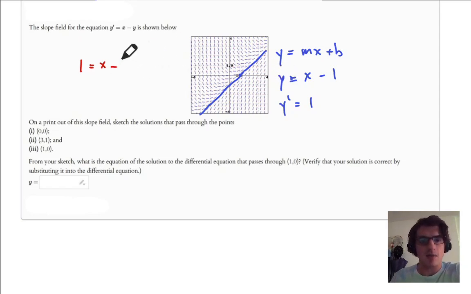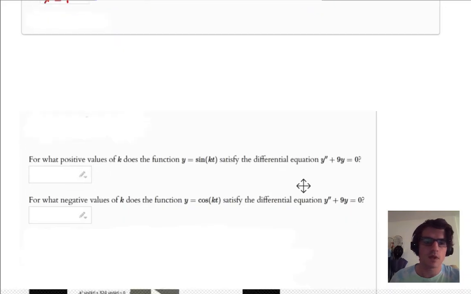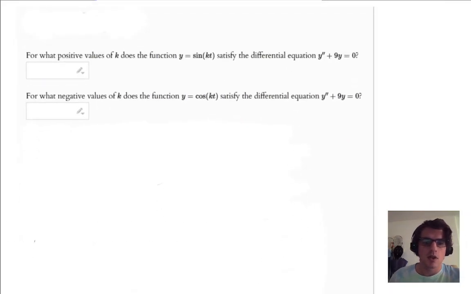But y is x minus 1. So y prime equals x minus (x minus 1), which is 1. So great, that does satisfy our differential equation. So it is correct. x minus 1.